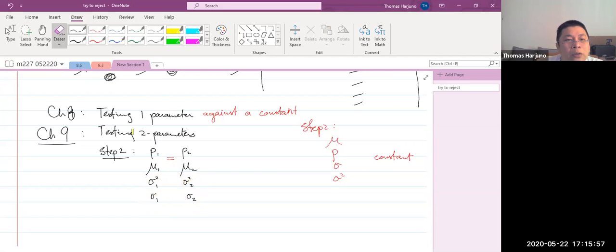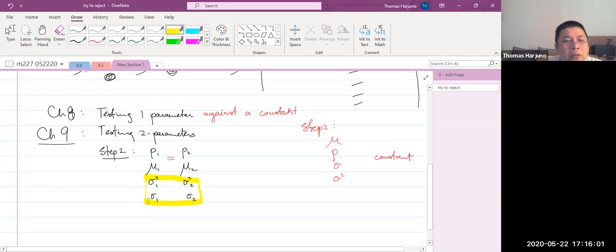The one that I will not teach you is this part. However, you will see when we are comparing two population proportions or population means, we are dealing with this. Okay, that's our step 2.